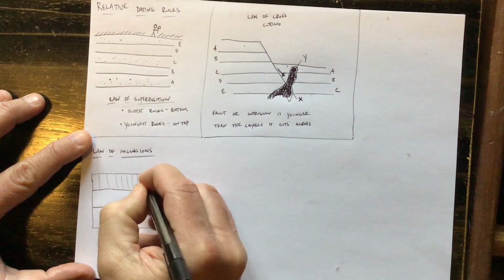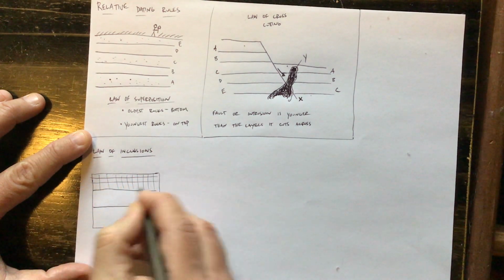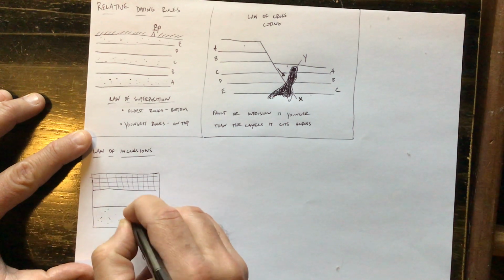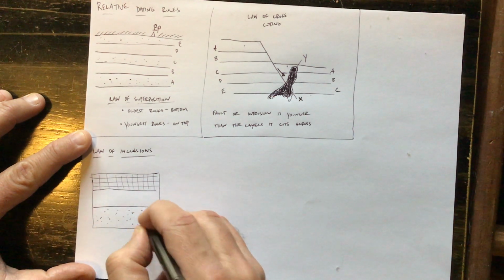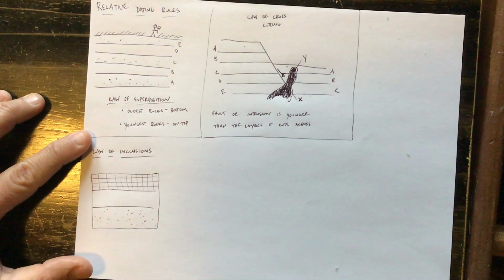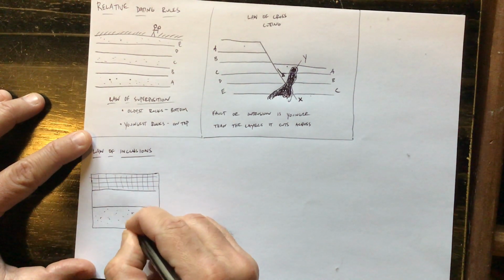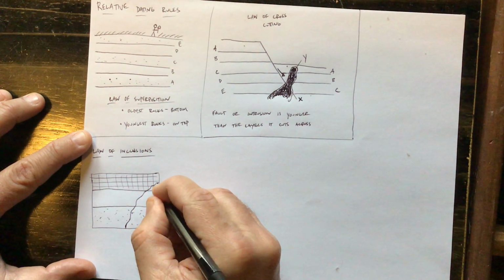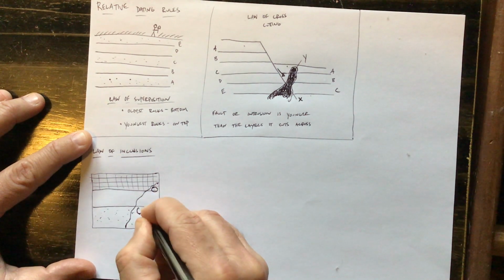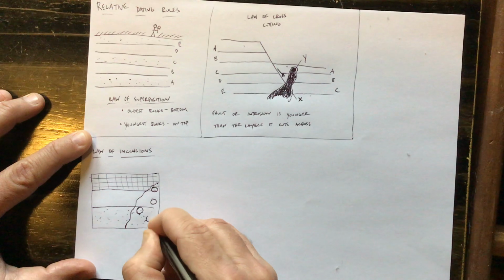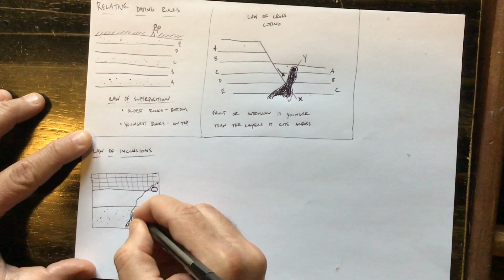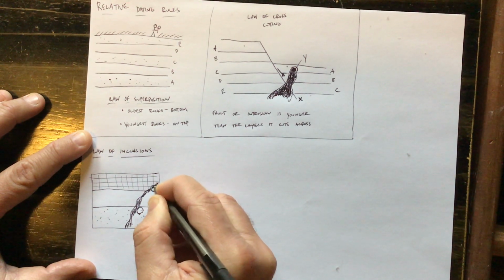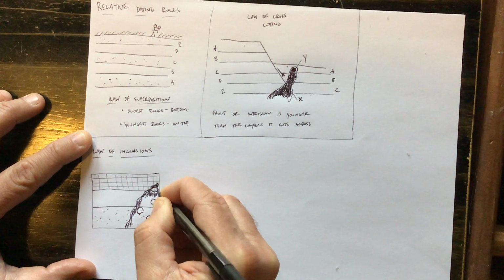One of them will be cross-hatched like this. One of them will be just white. And the other one will be little dots. And then we're going to have an igneous layer cutting across part of it. And that igneous layer is going to be colored in like this, but it contains fragments of the other 3 layers.